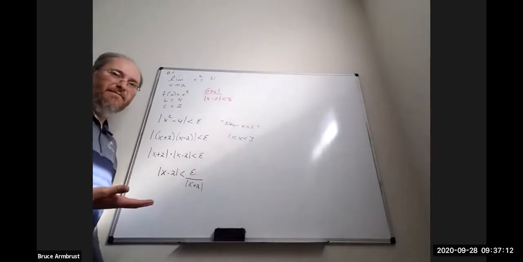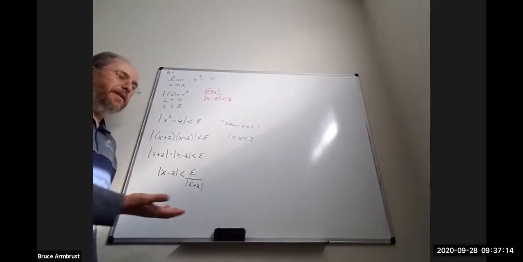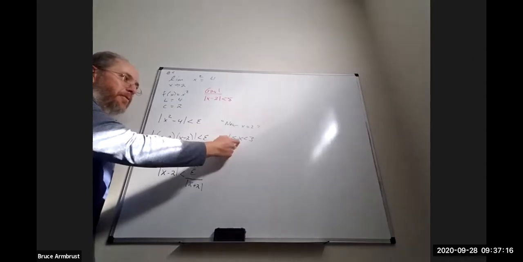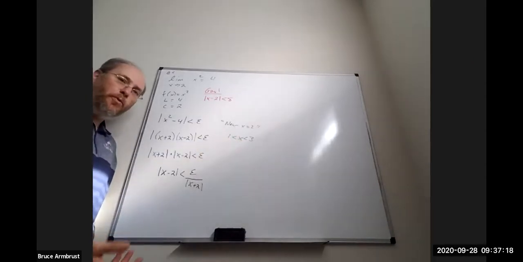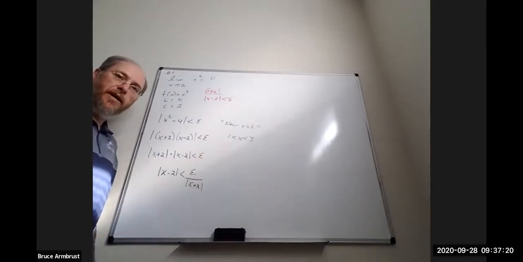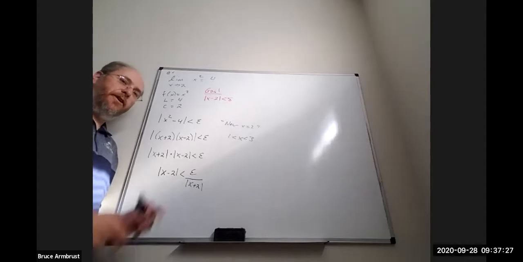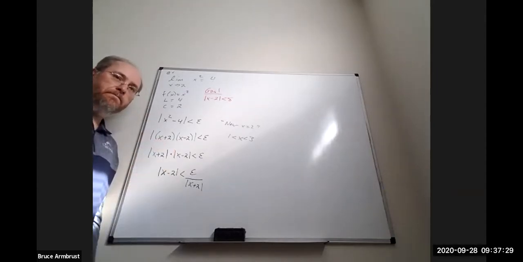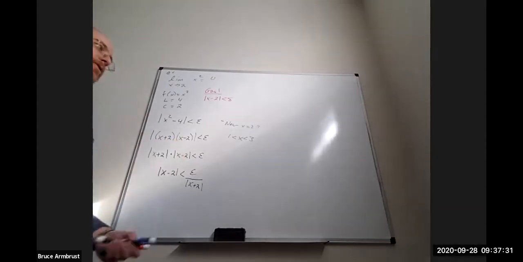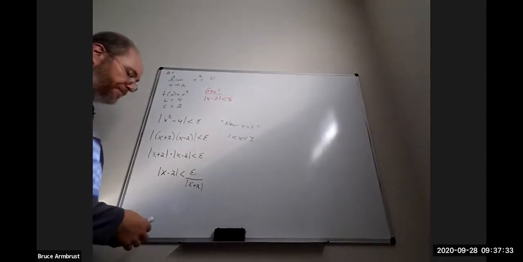Yeah? I mean, if you don't like that, we can make it closer. We can make it 1.5, 2.5, 1.9, 2.1, whatever you want. But I think that that's at least sufficient for near 2. So let's just say that we know for sure x is going to be between 1 and 3.